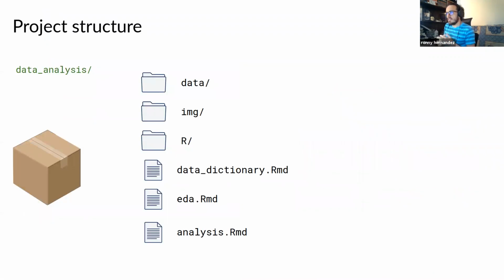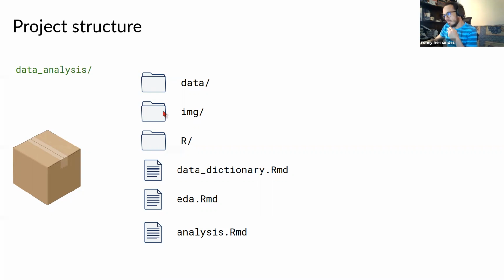What is the project structure that we want to use? This is the minimum that I use in my data analysis projects. Let's say that we have the data analysis directory. This is our project. And under that directory, I want to have a folder with my data.